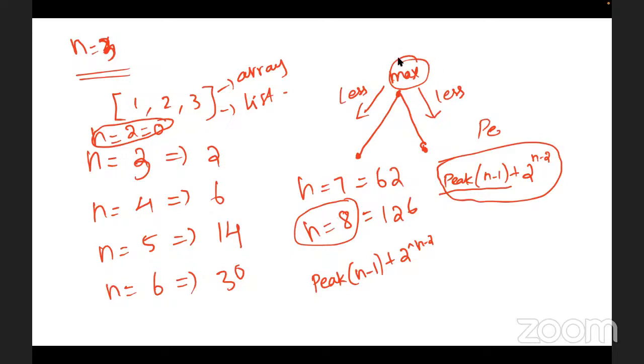This is a good formula, good try. Very good. But still, try to, because I have 3 as 2, 4 as 6, 5 as 14, 6 as 30, and it goes on.